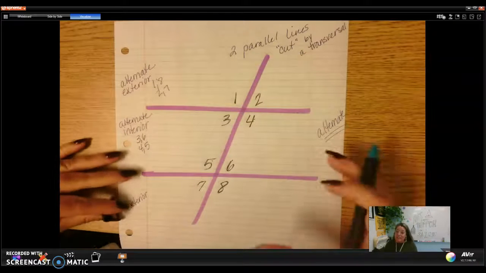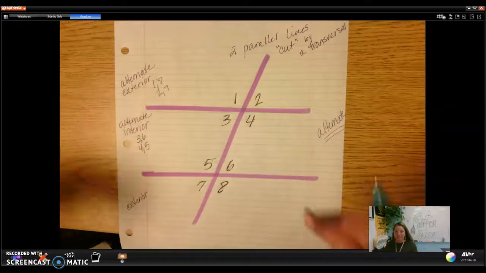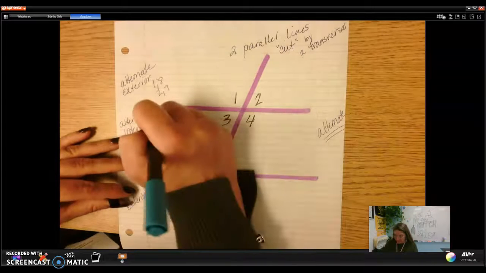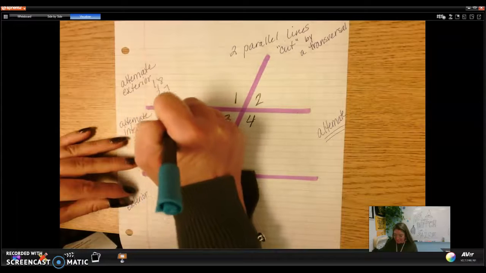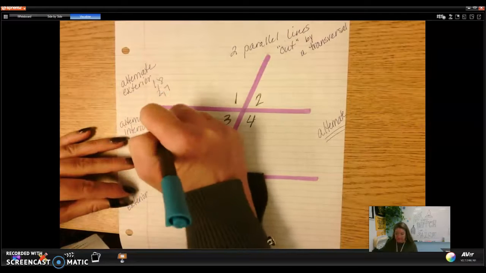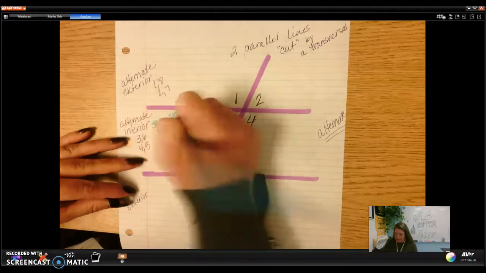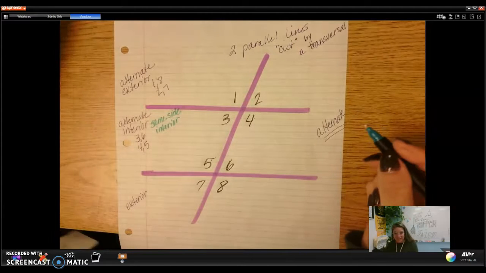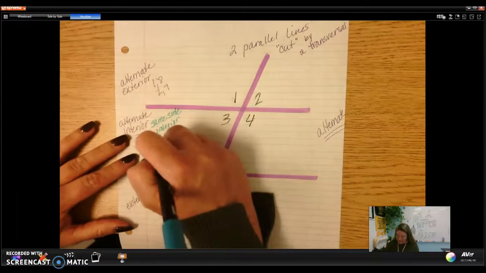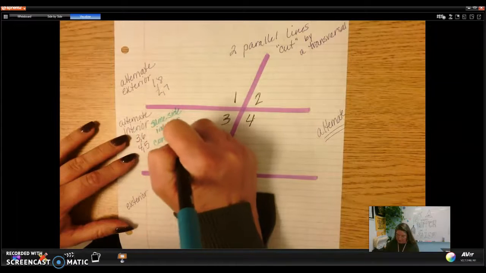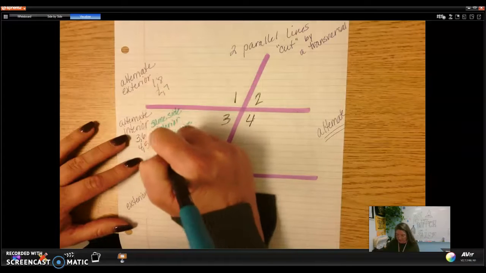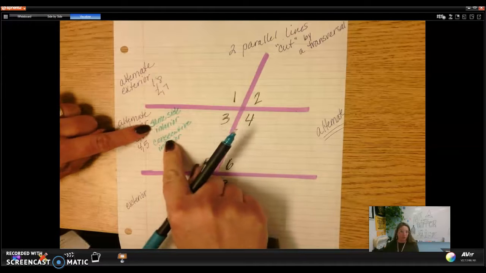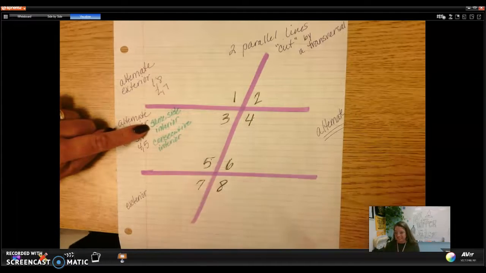All right, so another type of angles are called same side interior angles, okay? Sometimes we don't use the word same side, and sometimes you might see consecutive interior angles. These are just two different words and phrases to mean the same thing, okay?